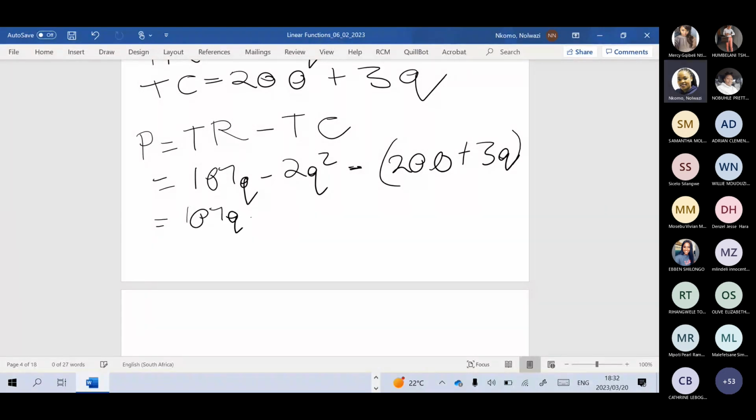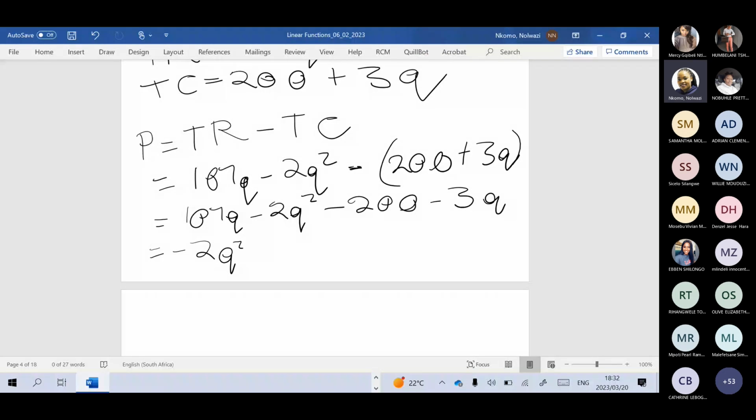The next step is to collect the like terms. If I do that, I have minus 2Q squared, power of 2. Then I have two terms with Q, and if I add them I get 104Q.